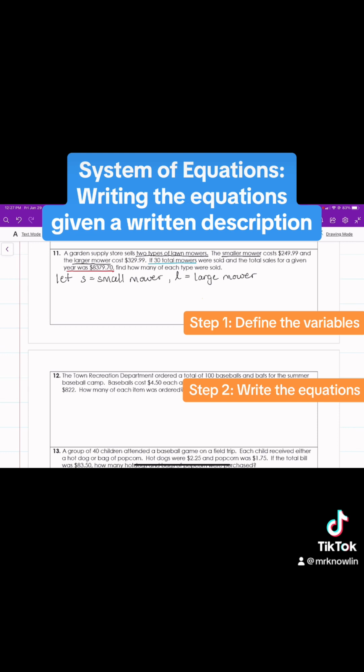So one of our equations is going to be about the mowers, and the other equation is going to be about the cost. For the mowers, he sold a total of 30 mowers. For cost, they tell us that the small mowers cost $249.99, plus the large mower costs $329.99, and they made a total of $8,379.70.